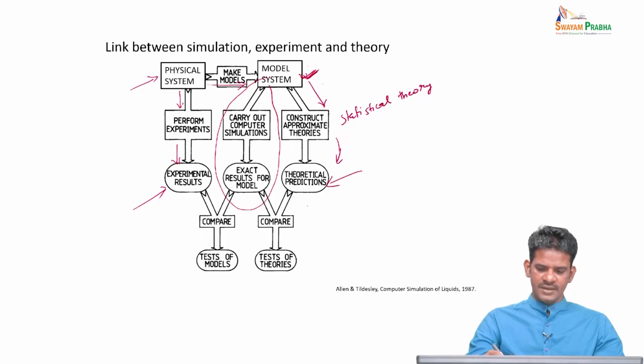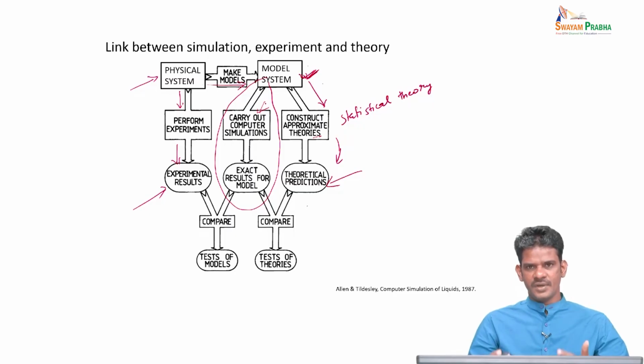As you can see here, we take the same model and we remove all the limiting assumptions made in the theory, and we try to exactly solve the system using a set of computers, and then solve for exact results for this particular model. So now we have three results: experiment, simulation and theory. This simulation helps us compare the experimental results with theoretical results.